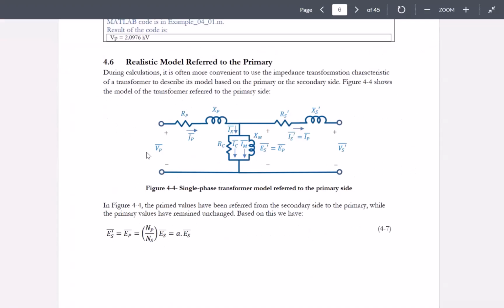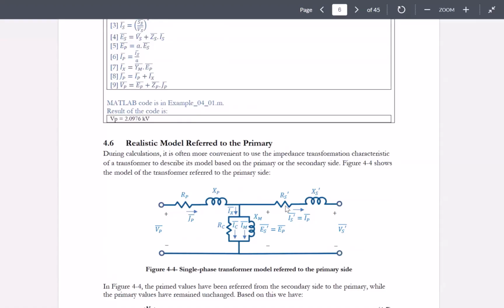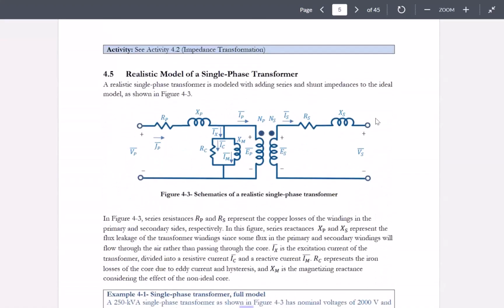All right, so we talked about the transfer of impedance between the two sides. So this means that instead of representing the transformer model based on the two sides, you can refer things from the primary side to the secondary side or vice versa. But while doing that, you have to consider the right transformation coefficients.